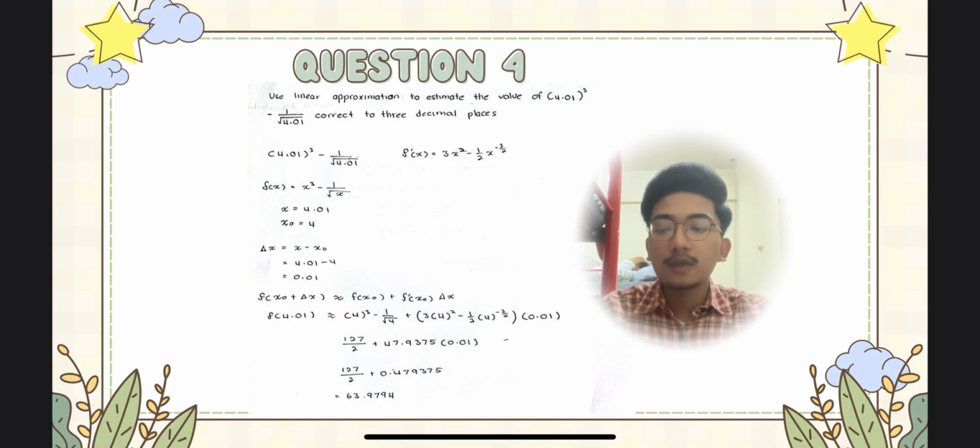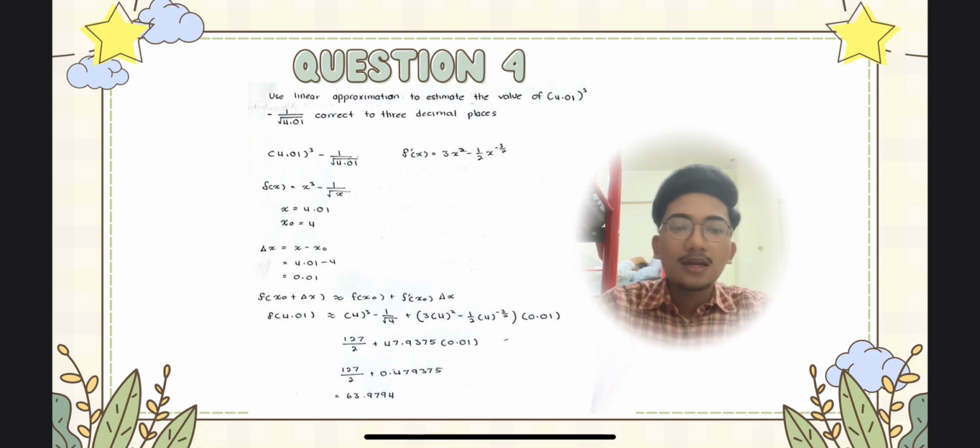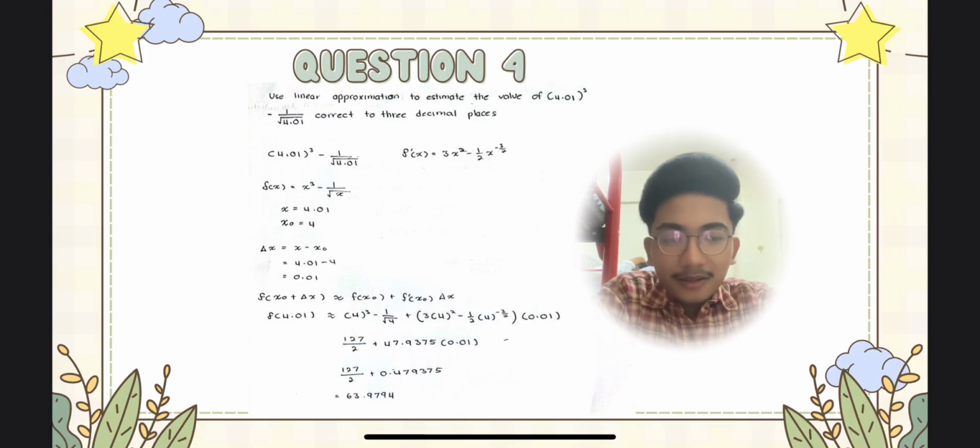Finally, we round to 3 decimal places. The answer is 63.981. So that's all for question 4. Bye.